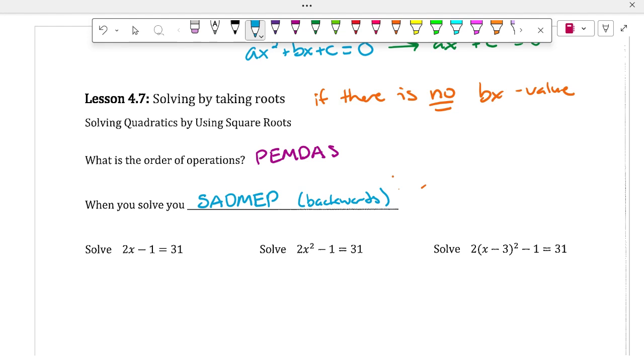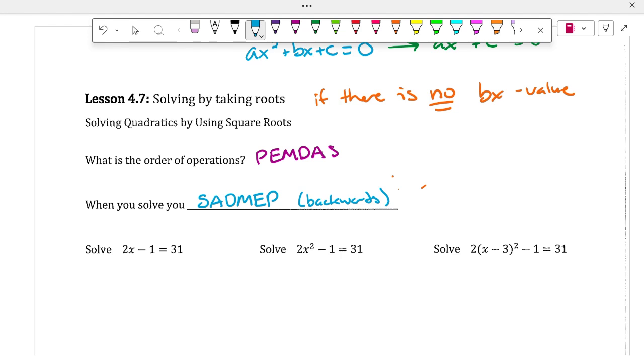That's what should be going through your brain anytime you solve a quadratic, because that will help you figure out when you should take the square root. I know you guys can do all the other inverse operations, but again, the hardest part about solving a quadratic by taking a square root is figuring out when to take the square root.